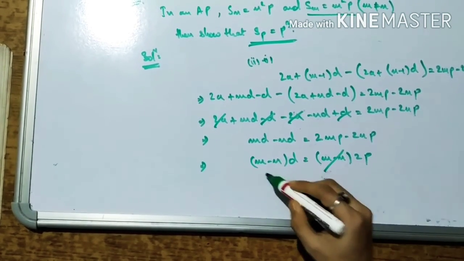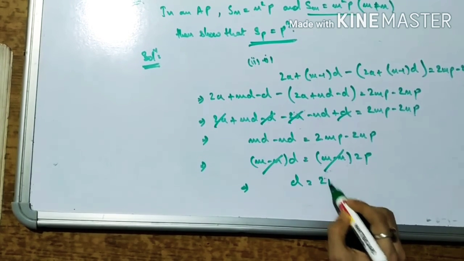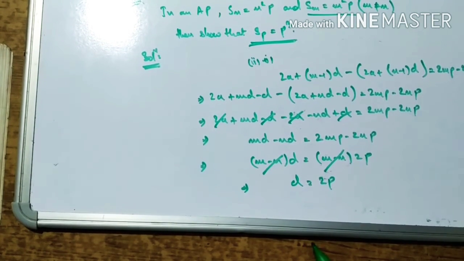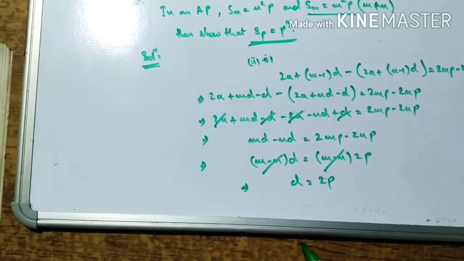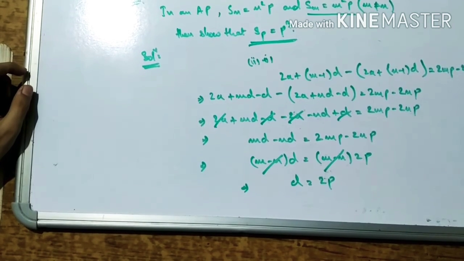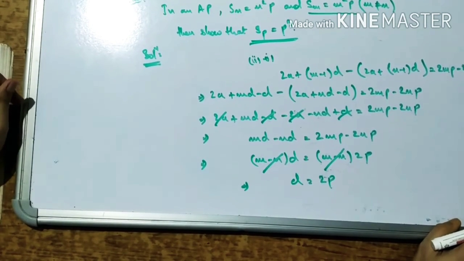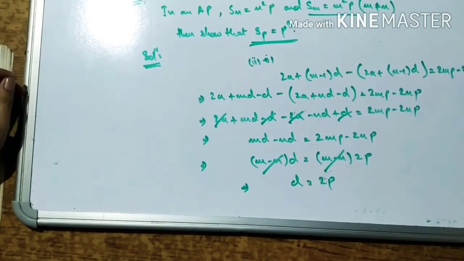Understand? So you see this and this cancel out. So ultimately I will get d is equal to 2p.